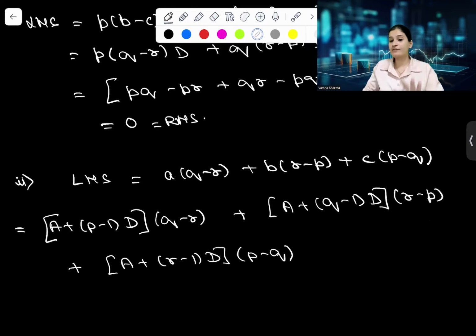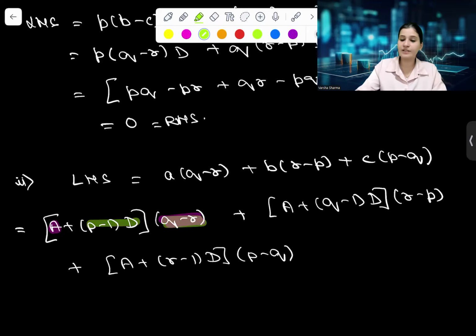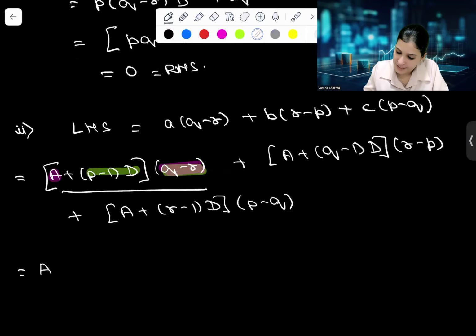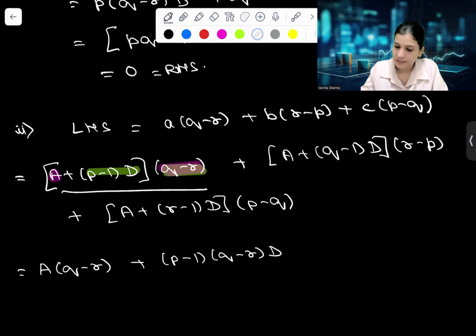Now, very carefully, we'll open the bracket. When we'll open the bracket, A and Q minus R will be multiplied, and this will also be multiplied with Q minus R. So, every bracket will give me two terms. The first term for A, and the second term will be a multiplication term of D. So, if I open the first bracket, I'll get A into Q minus R, P minus 1, Q minus R, D. Is this understood?